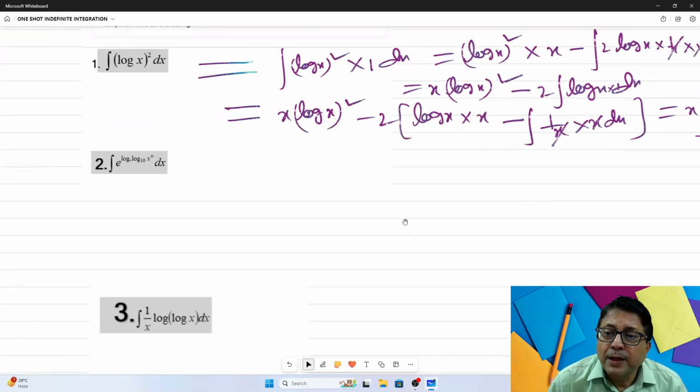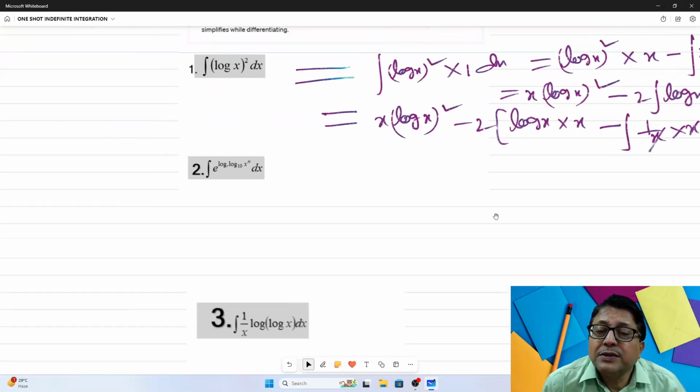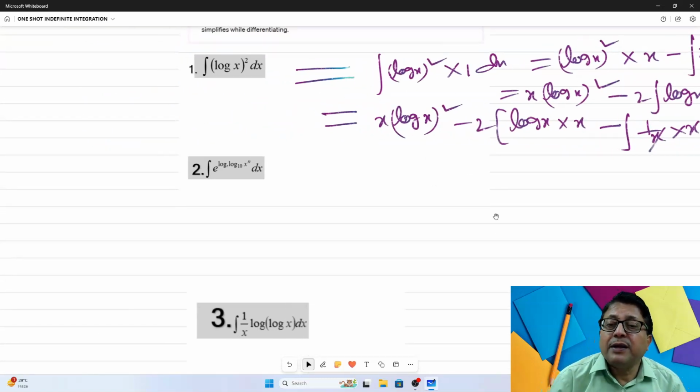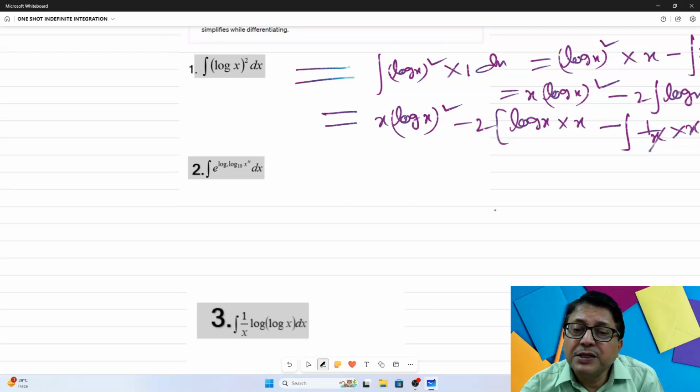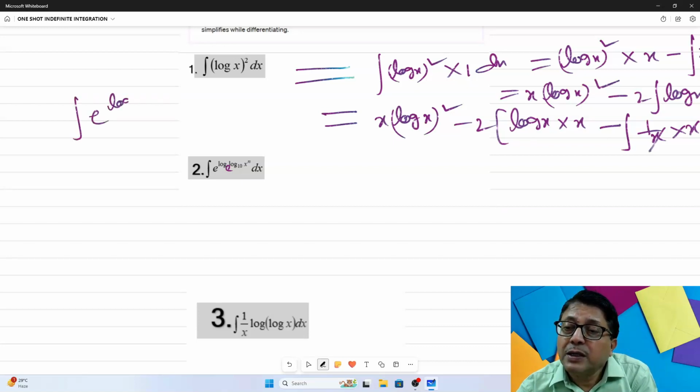Okay. Now for the next one, this is given of the form e to the power log e. This one is e. This one is e given. So that I told you earlier that e to the power log x is x only, if the base is e.